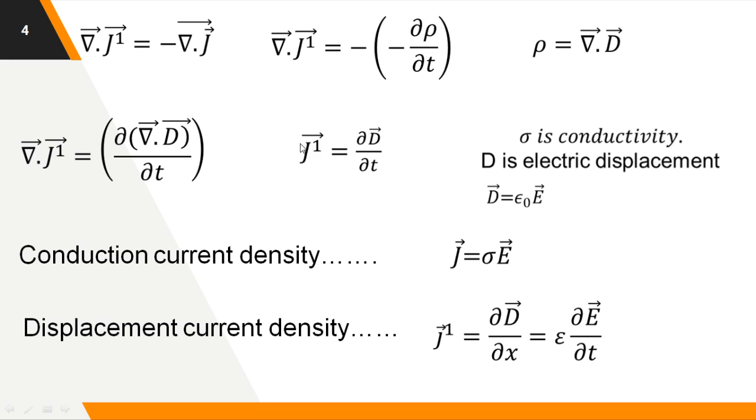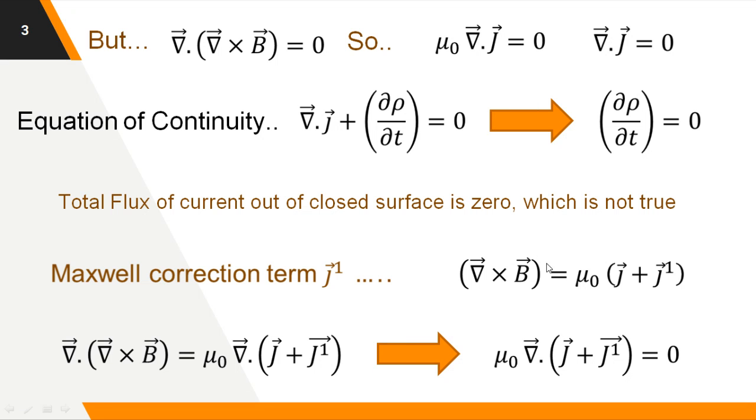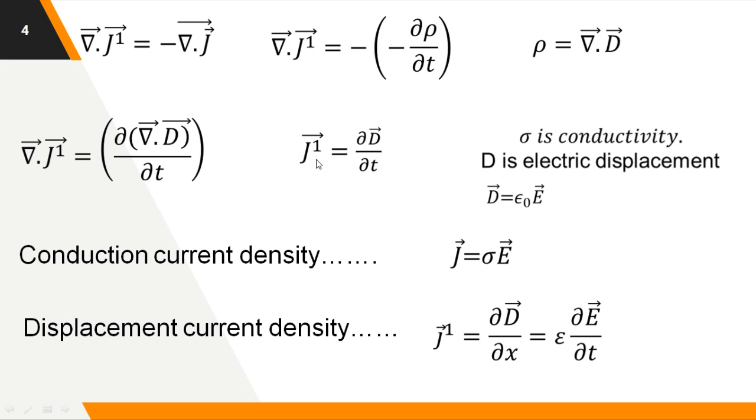This is a correction factor introduced in the previous equation to the already known conduction current density. Therefore, this should also be a current density. This is when the free charges are flowing. We don't know the nature of this. Now here is the meaning: J dash is equal to ∂D by ∂t.